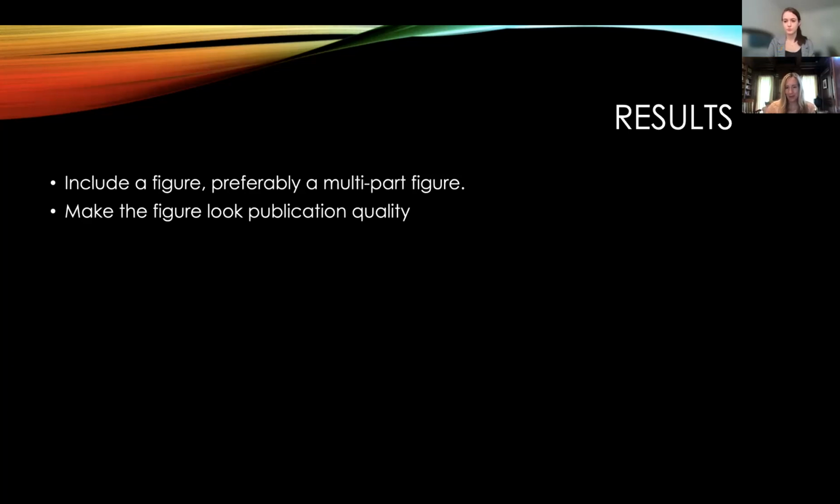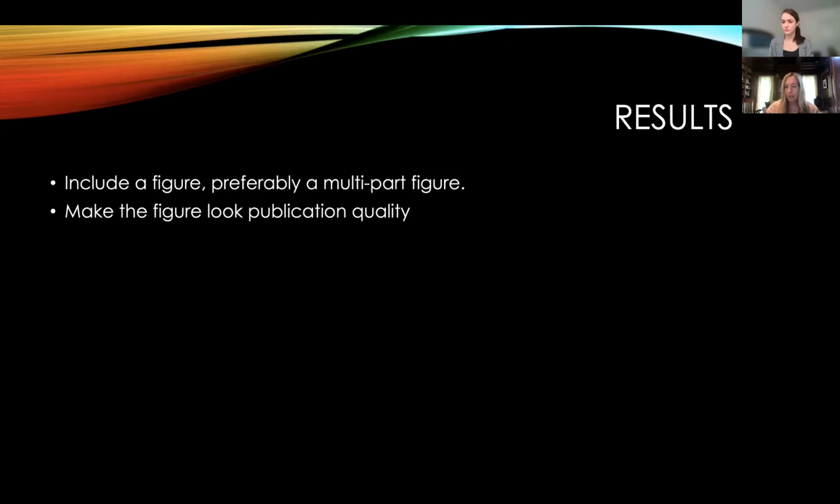Now that's a high bar, but it tells you the way to think about it, which is if you want your paper to be highlighted, accepted or reviewed, you want to make it look like it belongs where it's going. And this is good advice for abstracts, but it's also good advice for posters, and for submitting papers for publication, which is make your figures look like they belong, that they were put together well, and that they're aesthetically pleasing.